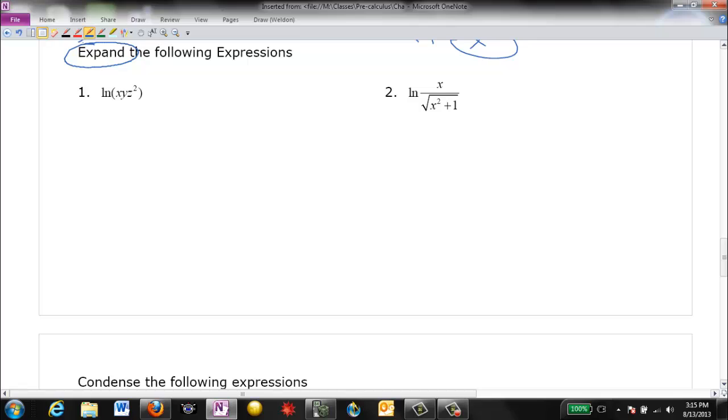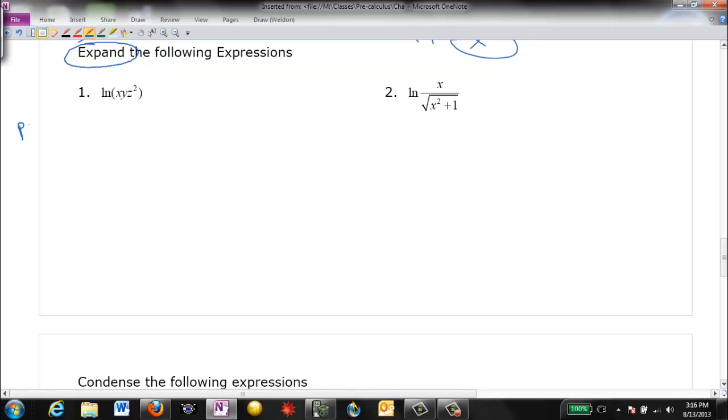All right, so when we say expand, let's take a look here at number one. I see the natural log of x times y times z raised to the second power. So I see a product of three different numbers inside of that natural log, which instantly tells me that I'm probably going to use the product property here. I'm just going to write that down.